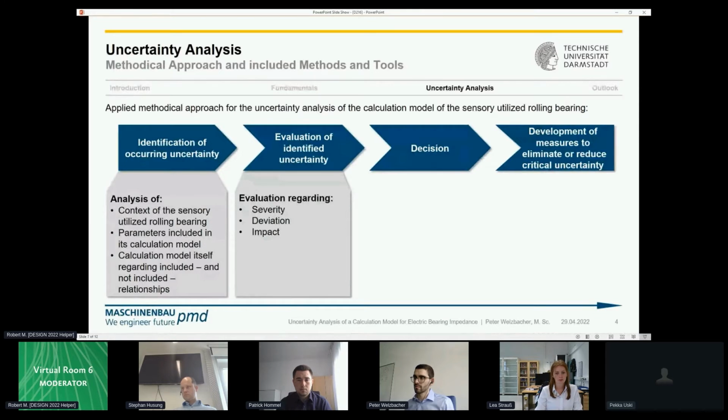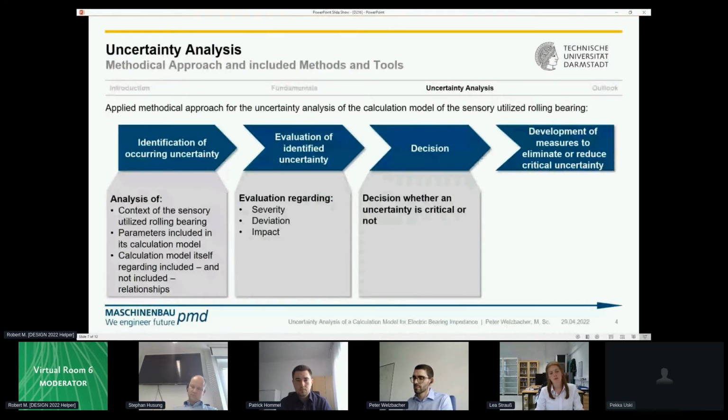In order to ensure the consistency of the evaluation, rigid schemes were developed and applied. Based on the evaluations assigned to each uncertainty during evaluation, a reasoned decision can be made whether an uncertainty is critical for the quality and reliability of the provided data or not.